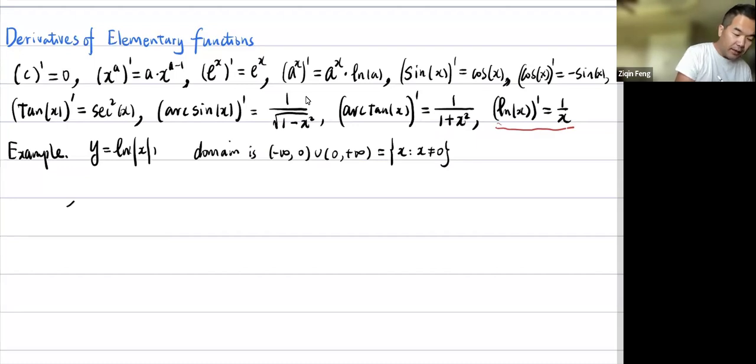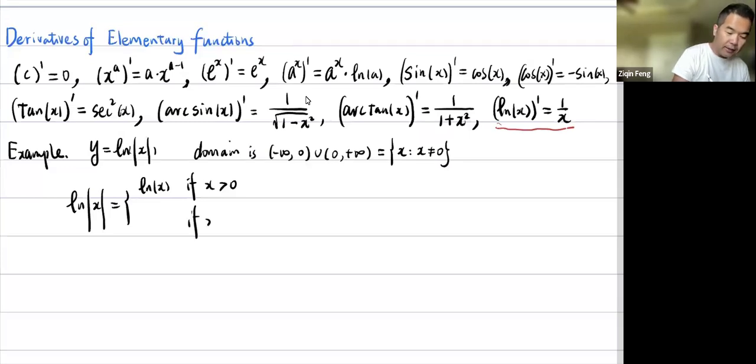So we know that natural log of absolute value of x equals natural log of x if x is positive, right? And if x is less than 0, the absolute value of x is negative x. So this is natural log of negative x, right?